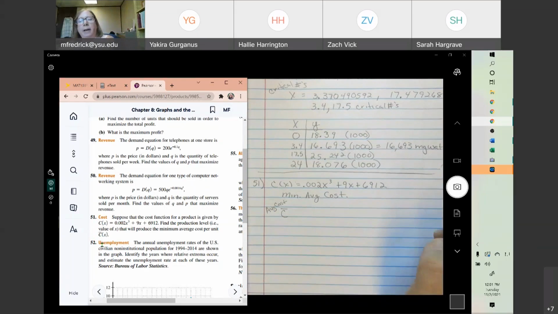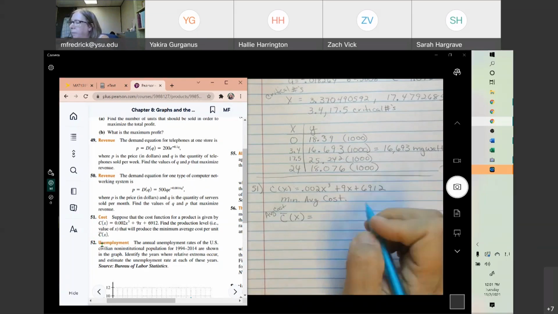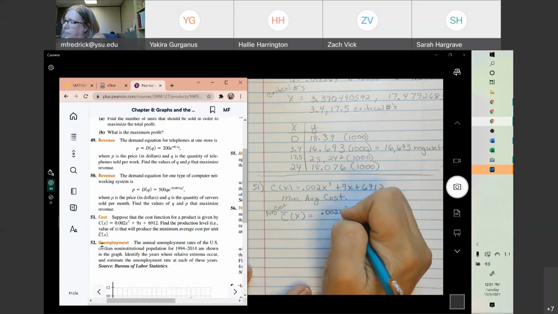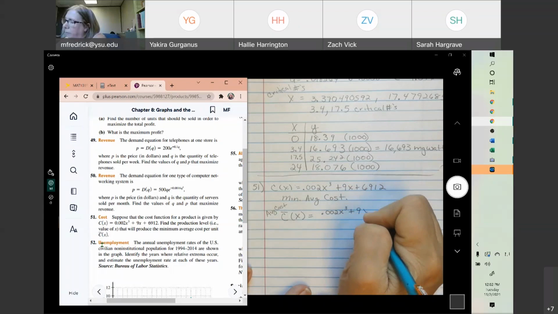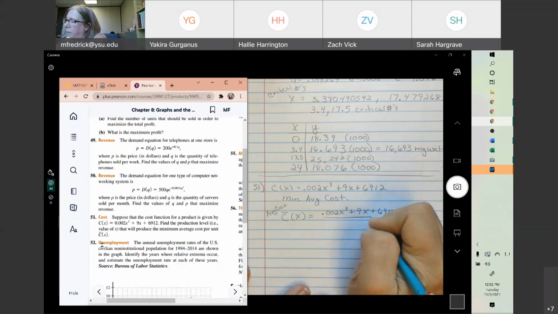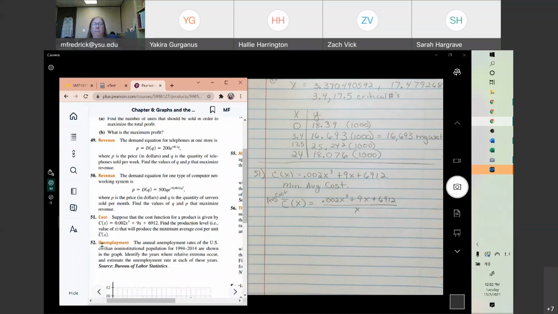So first we have to find the average cost function, which means you take the function and divide by x. A couple ways we could do this. Well, this is the function. Any questions on the function?